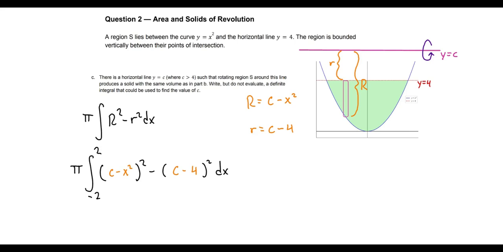And because we don't have to evaluate it, we can just leave it like this. Now, having said that, this is kind of a silly thing to say. We do know what it evaluates to because it's supposed to have the same volume as part B. And in part B, we figured out it was 256 pi over 5. So we actually can evaluate it. This is what it should be equal to here.